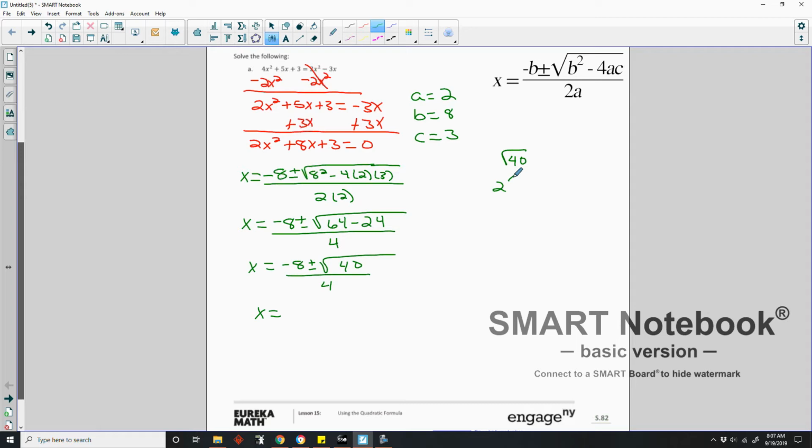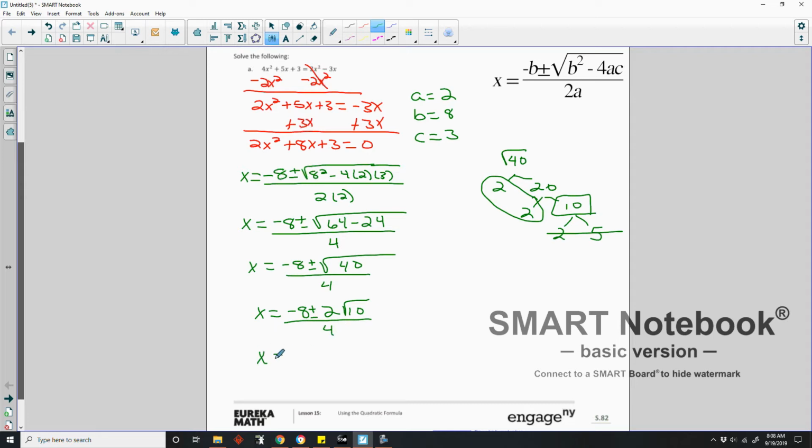And I like using factor trees, 2 times 20, 2 times 10, and 2 times 5. There are all the factors of 40. I have a pair of 2's, which makes 4. The square root of 4 is 2, so that can come outside the radical. And these are not pairs, so I have to resort back to what was left over, and that stays under the radical, and divided by 4.